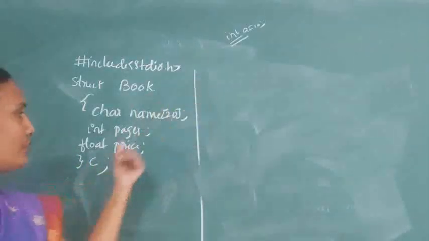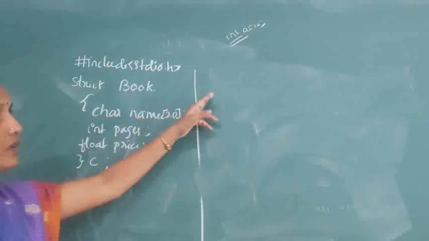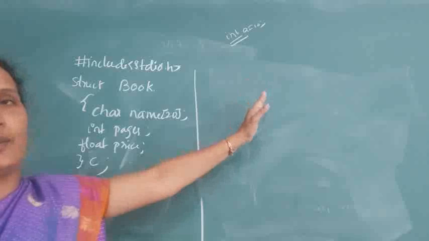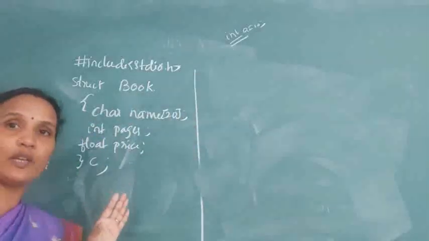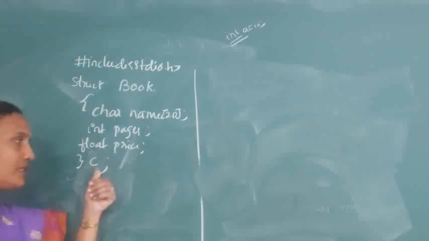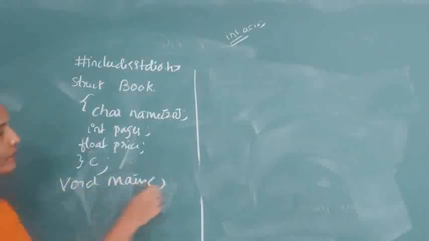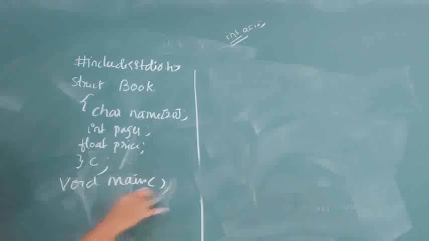So in the main function you can declare the variables of the structure like struct, the name of the structure and the name of the variable. And the same variable you can declare immediately after the structure also. This is the second one. After this, we'll give the main function. Void main. Two methods for declaring structure variables.